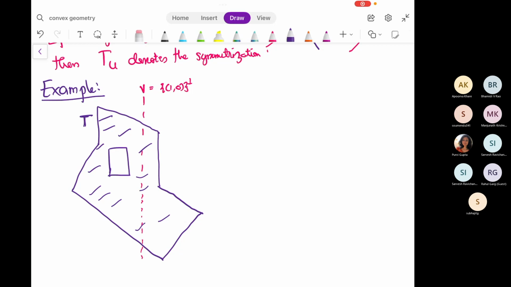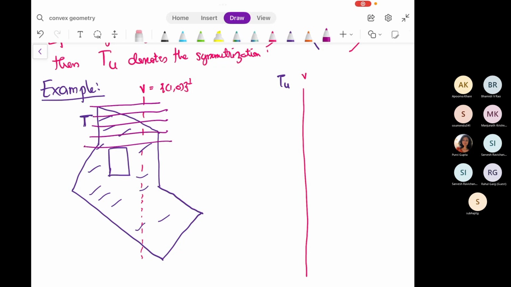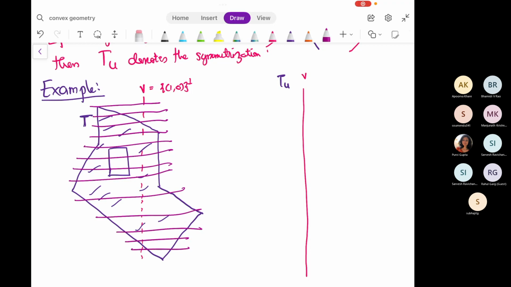And what will be the symmetrization? On the other side, let's look at V here. Let's look at T_u now. What will happen is that you just need to look at the slices, right? So let me draw the slices in pink, perhaps. These are the lines which are all perpendicular to V, excuse me.